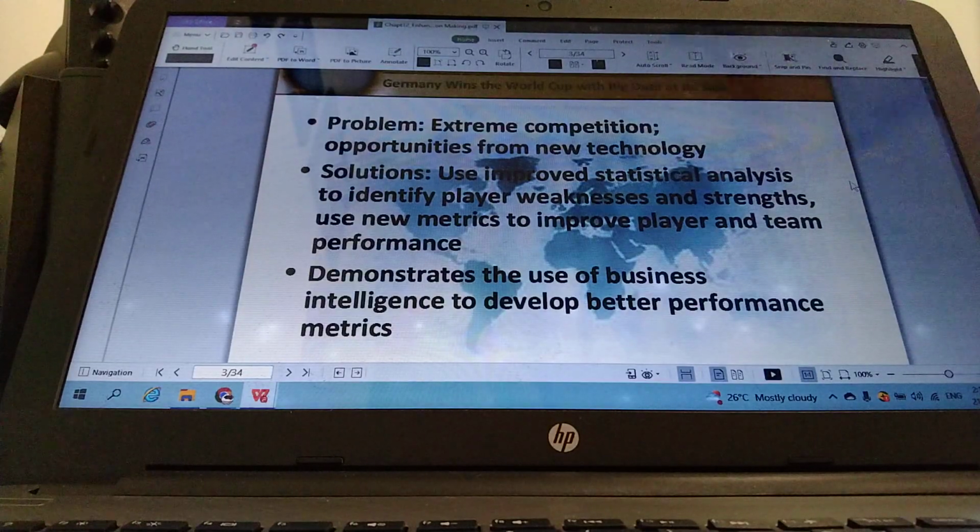At the same time, use these new metrics to improve player and overall team performance. That is the whole idea. So they are looking at software developed on big data analytics which can be used for this purpose. The other solution recommended is to demonstrate the use of business intelligence, BI, to develop better performance metrics.